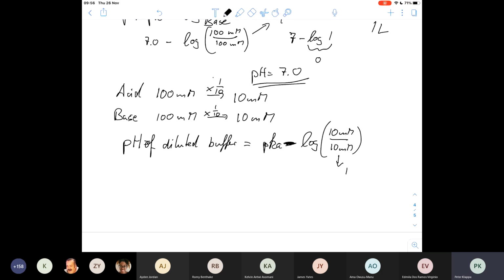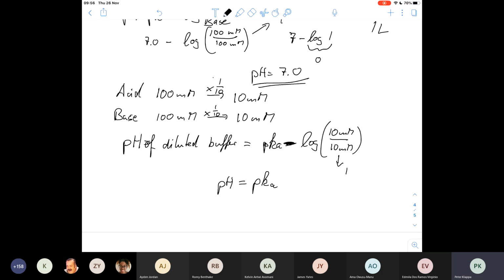That still gives me 1. So the pH of the diluted buffer is still the pKa. So if I dilute a buffer, the pH won't change. The buffer keeps the pH the same, even if you dilute it. Absolutely right. Totally nailed it.